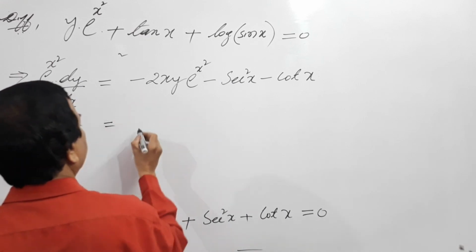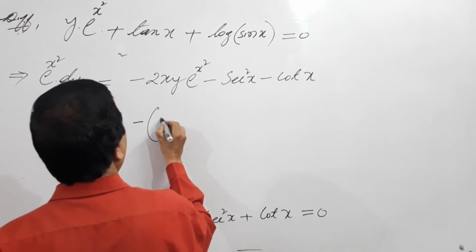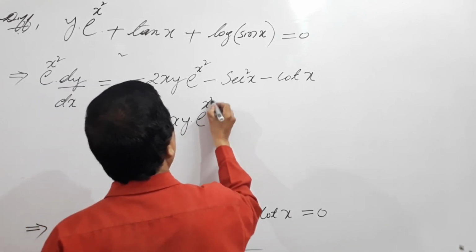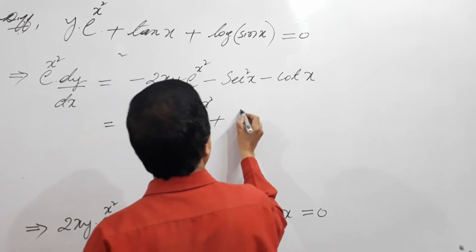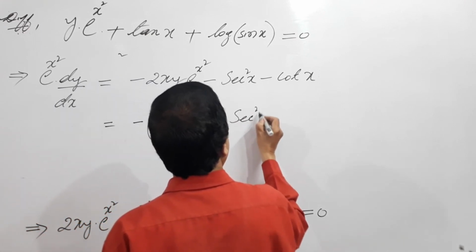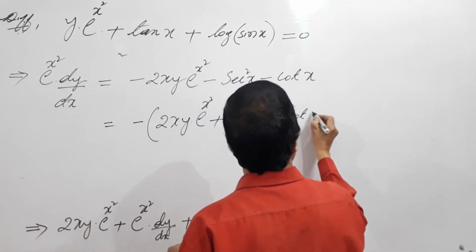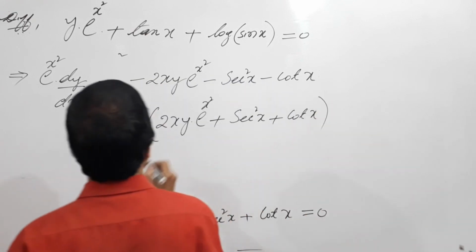I'll take minus sign common, so this becomes 2xy e to the power of x square plus secant square x plus cot x.